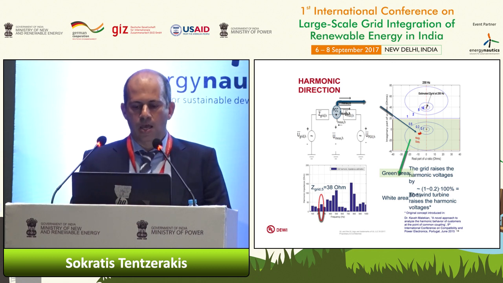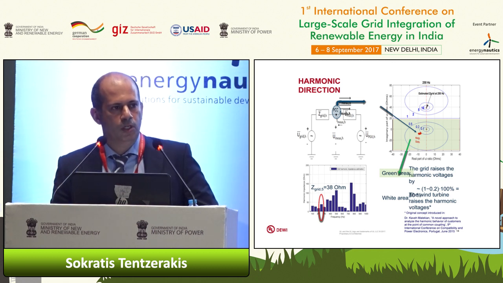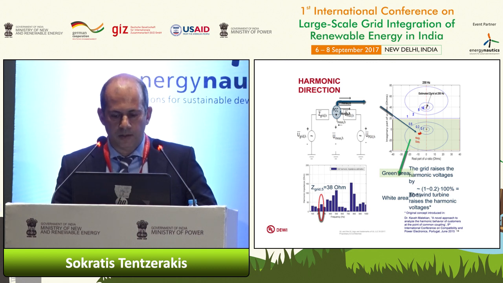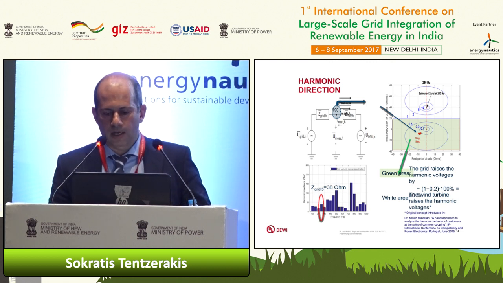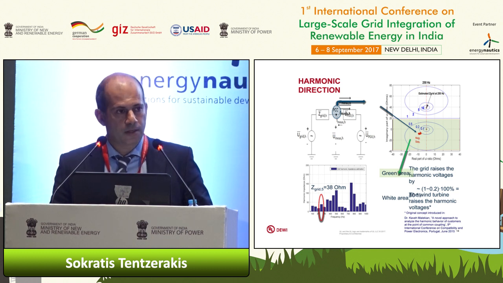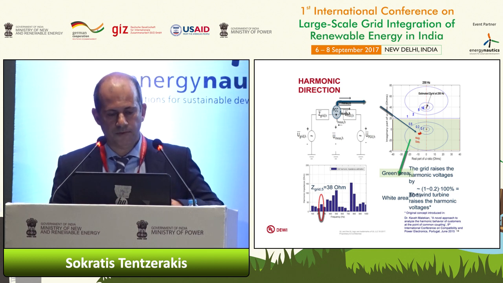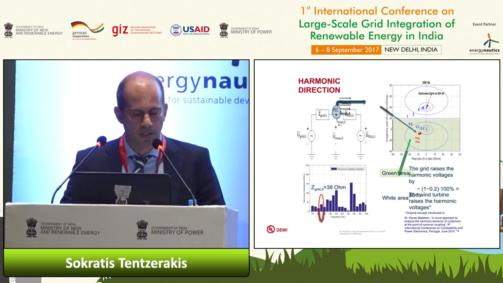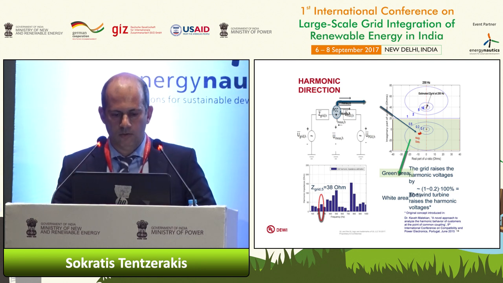In this case, if we plot the complex ratios on the complex plane, depending on the position on this plane, we can derive some useful conclusions regarding whether this specific harmonic is coming from the grid or is raised from the wind turbine. More details on that are included in the paper, so I will not go more into this.